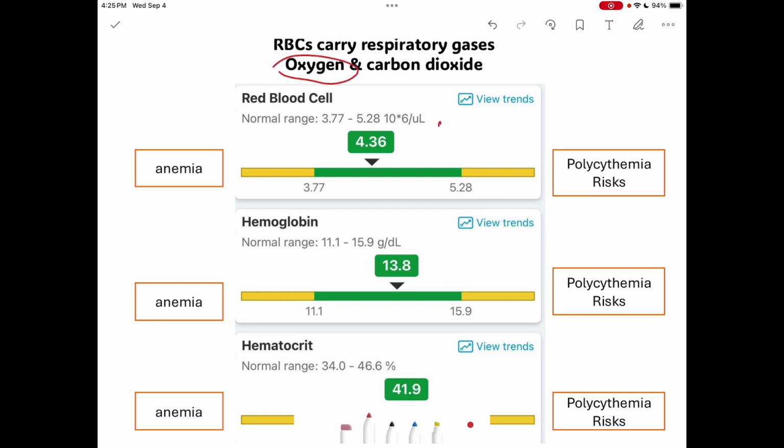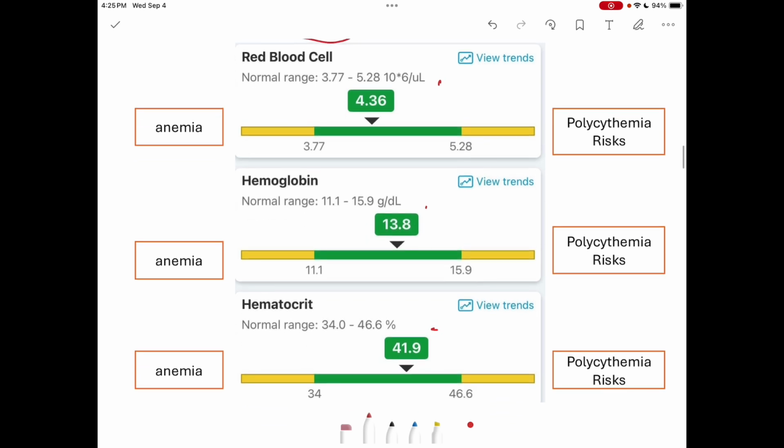And for each of these, there's a normal value. So when lab results come in, usually it's going to show up green for the patient if they're in the good range, and then there'll be a little flag if they're either high or low. For all of these, red blood cells, hemoglobin, and hematocrit, if it's on the low side, you're going to see anemias. So A means without.